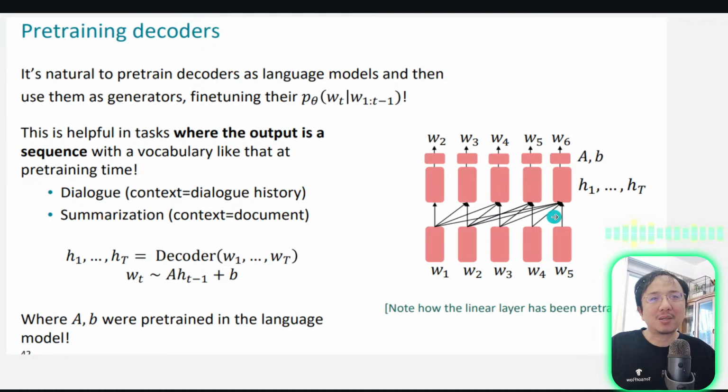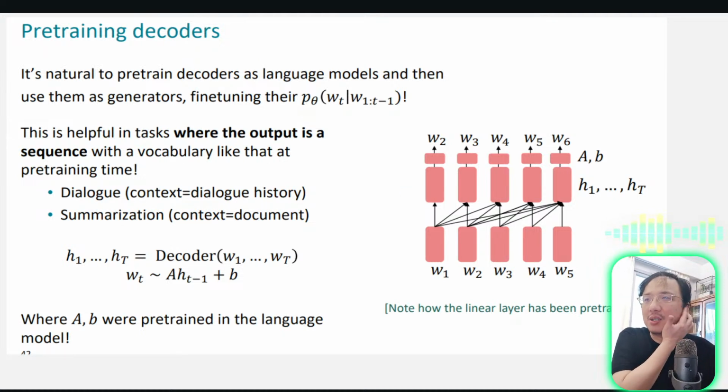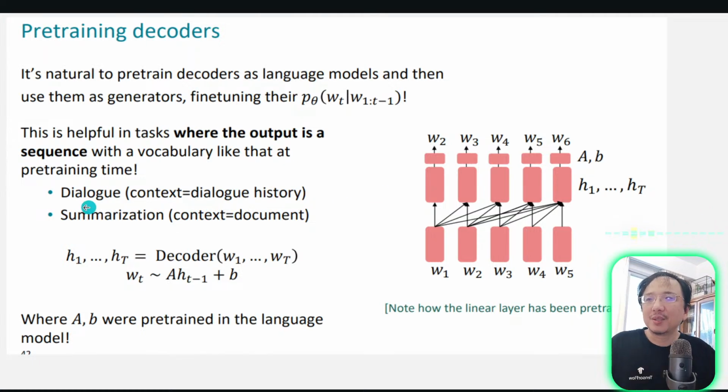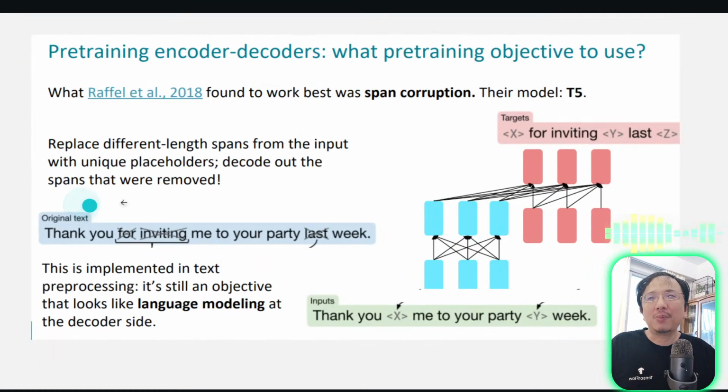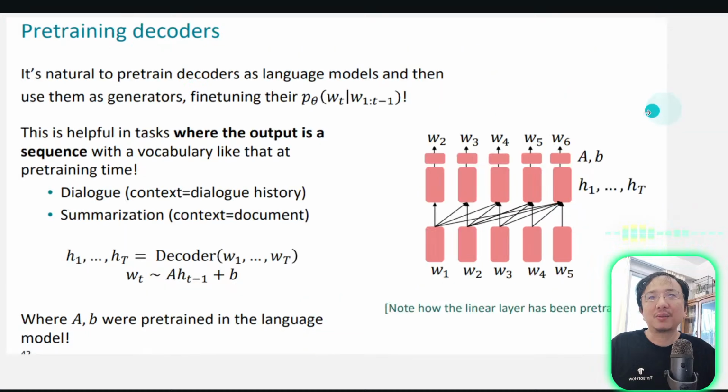So we can train this sentence in one run. This is pretty much the pre-training for decoders, which is easier than the BERT one or the T5 one. This is the GPT pre-training method.